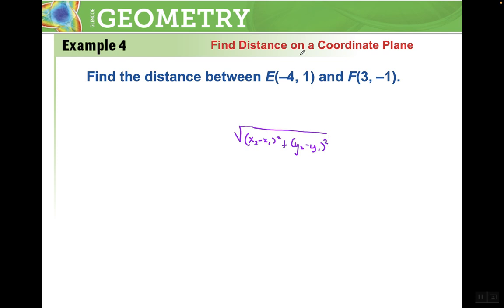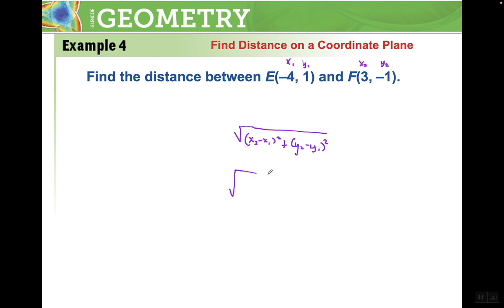So if you need to stay organized, I would go ahead and say this is x1, y1. This is x2, y2. That's just to keep them organized and straight. Some people don't need to do that. Some people do. So do what you got to do.